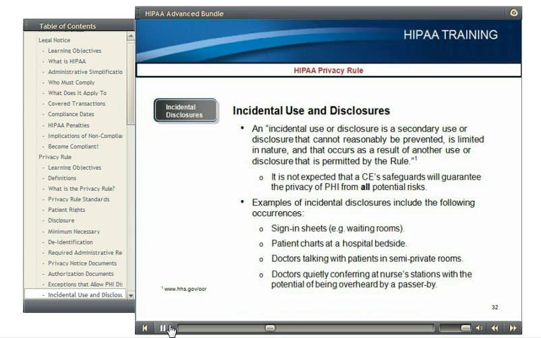Examples of incidental disclosures include the following occurrences: sign-in sheets, e.g., waiting rooms, patient charts at a hospital bedside, doctors talking with patients in semi-private rooms, doctors quietly conferring at nurses' stations with the potential of being overheard by a passerby.